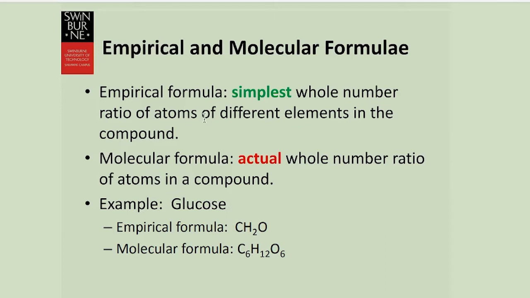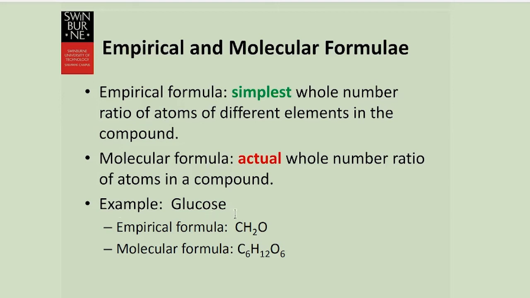That is the empirical formula. But the actual formula is the molecular formula, by looking at which we know, okay, this is this compound, right? So there are two ways you can express the chemical formula. One is the empirical formula, another is the molecular formula.